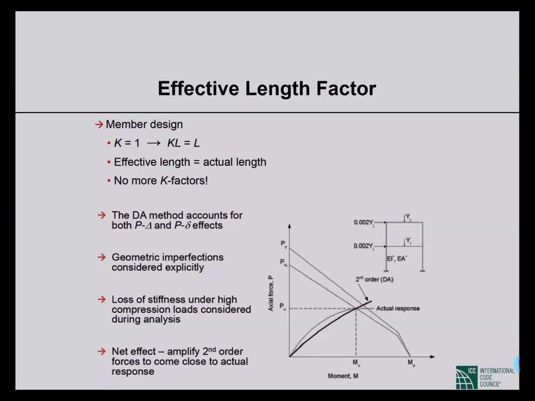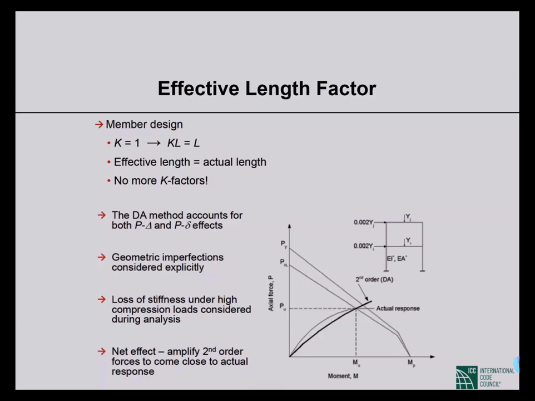I think I have already said all of these. Like direct analysis method, K is always 1, but in effective length method, we have to go for stability analysis to determine the value of K. Direct analysis method, we actually analyze the structure for P delta, P large delta, and P little delta effects.